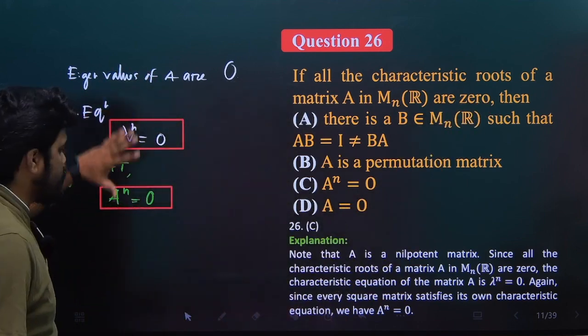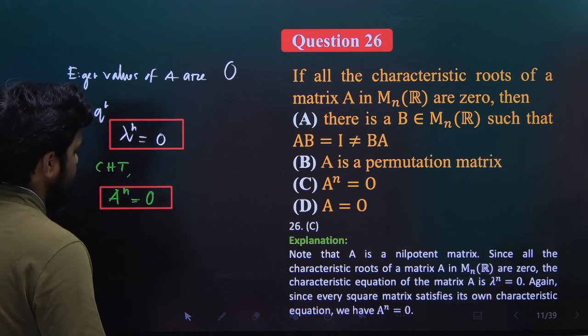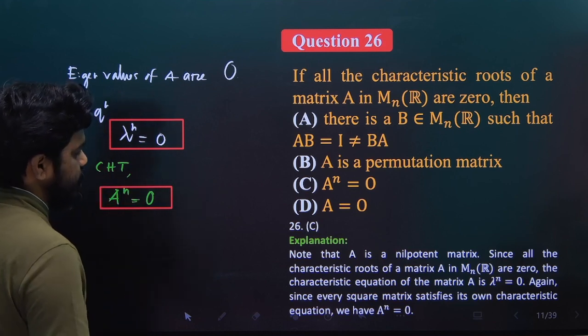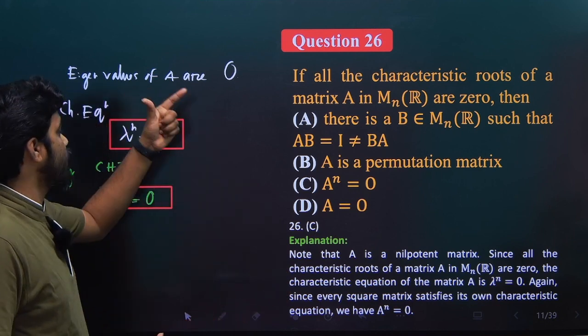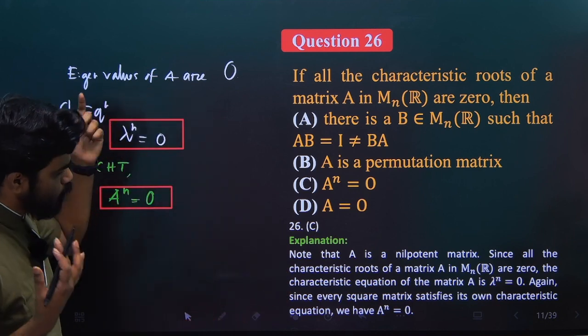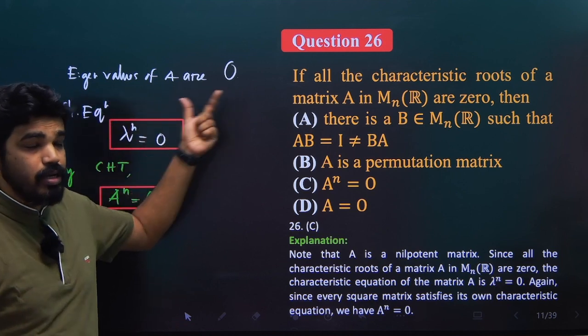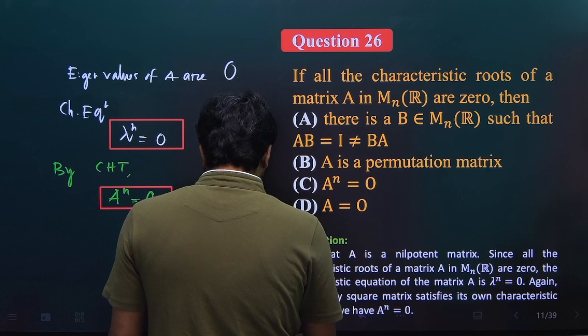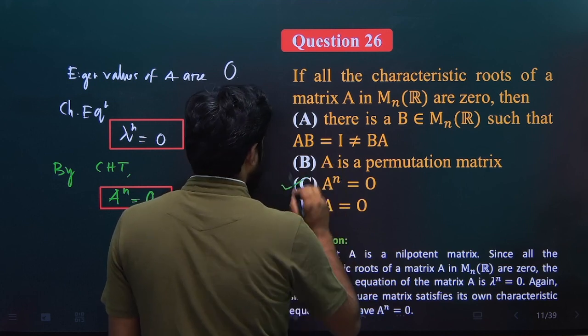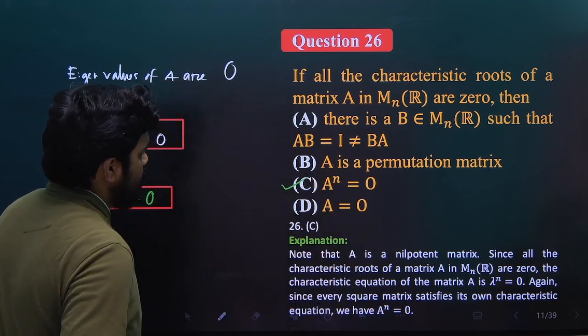I have explained in detail, okay. It should be noted that a nilpotent matrix has all eigenvalues 0. So option C is the correct answer.